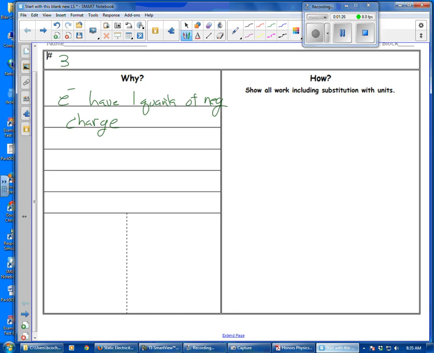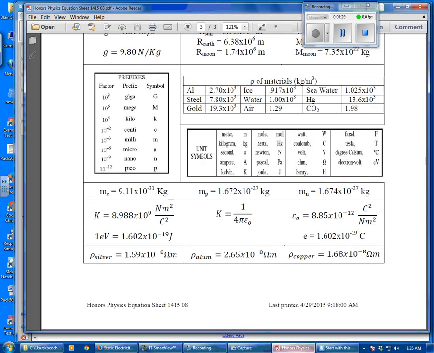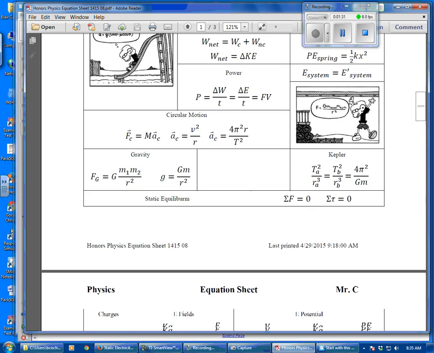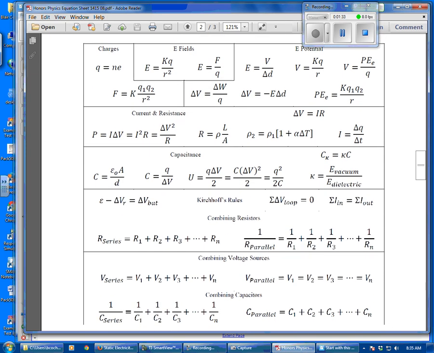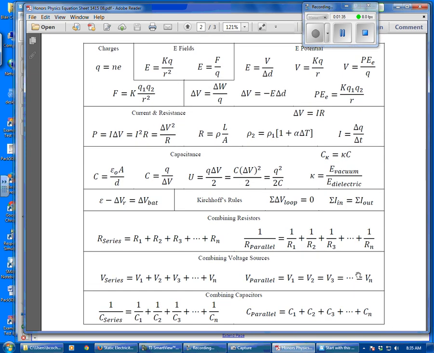If we look at our equation sheet here, equation-wise, this is about something having a net charge, so I'm going to look in the charges box, the L-shaped box over there on the left, and I have that the net charge on something is n, the number of charges times the value of each charge.